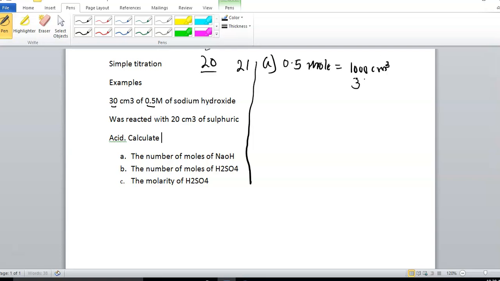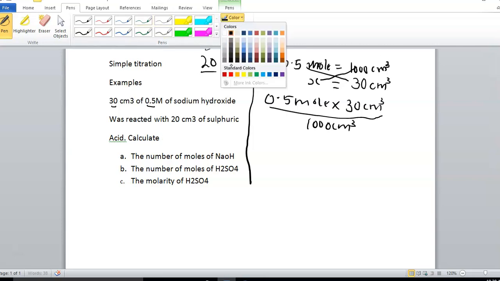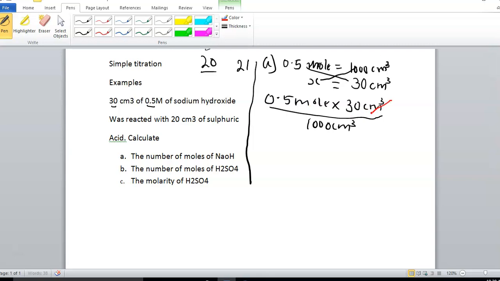This is the volume used, and the volume used gives us the number of moles used. 0.5 moles times 30 cm³ all over 1000 cm³. We do cancellation: we cancel cm³ and cm³, then we cancel the zeros.